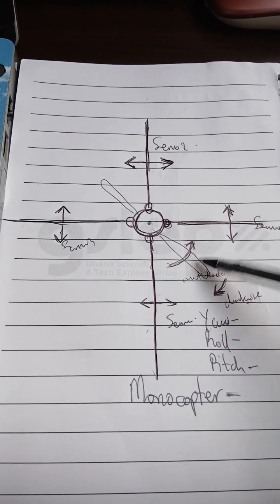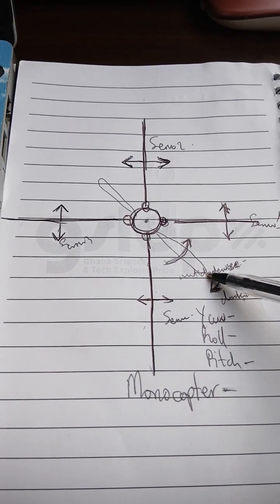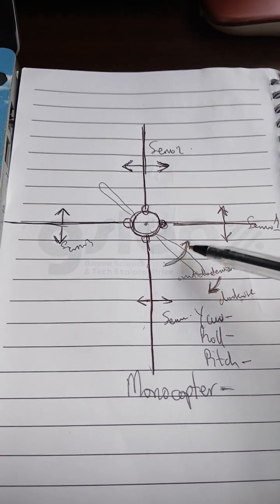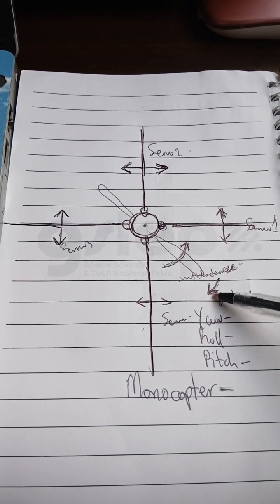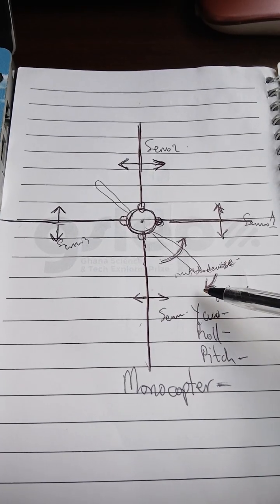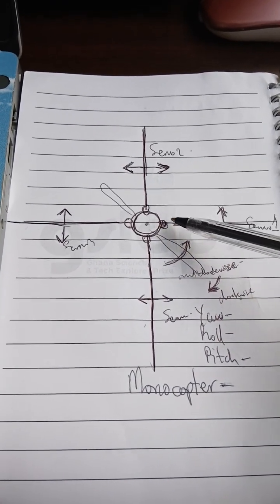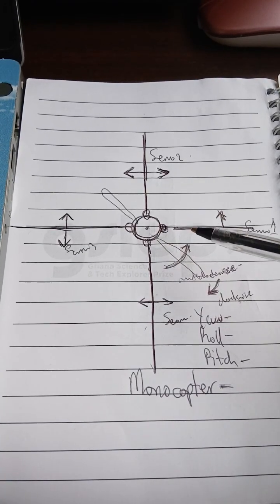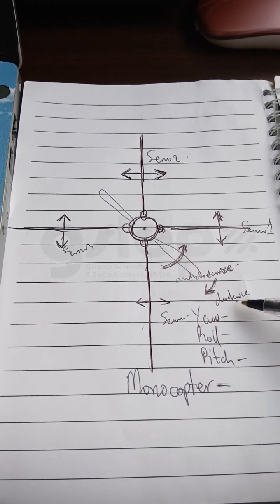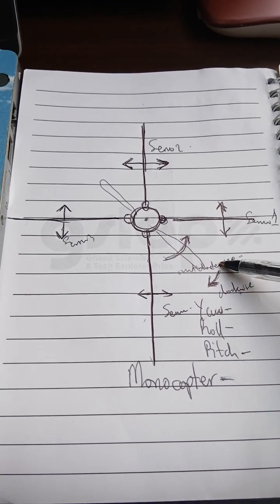So this propeller here, we are saying, is rotating anti-clockwise, which will create a torque effect clockwise, meaning that because the motor is attached, the drone would naturally want to rotate clockwise because of the anti-clockwise motion.